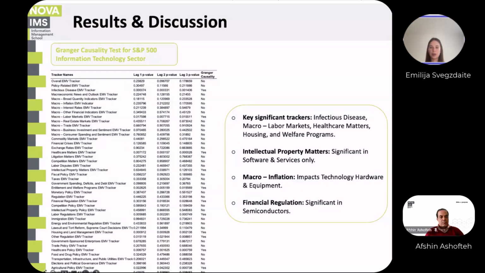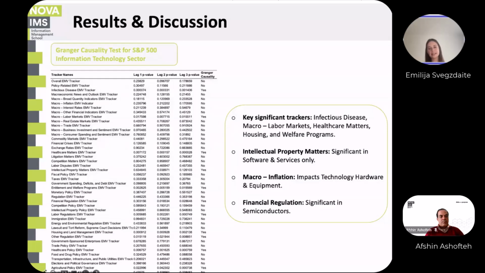Similarly, macro inflation has a notable impact on the hardware sector due to its influence on supply chain costs or, for instance, consumer demand. And financial regulation is especially significant in semiconductors, where changes in regulations can affect capital access and market conditions.